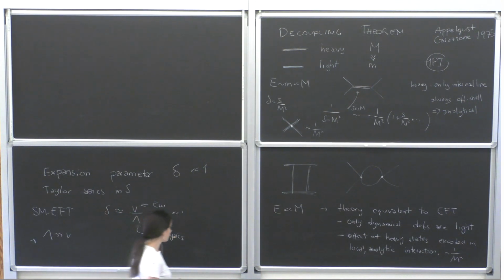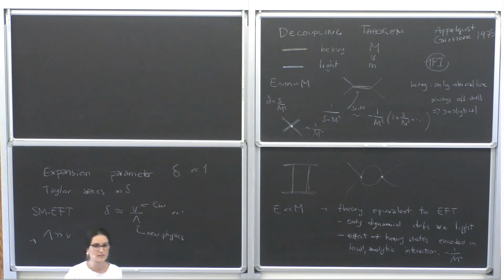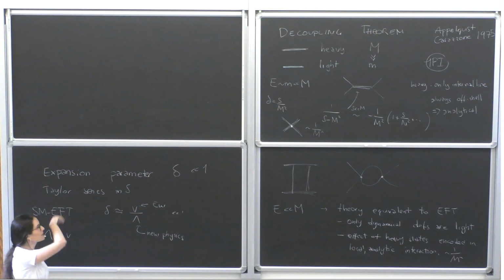So the statement is made in general. In the original theorem, it was made for fermions and mesons, but it's something that really generalizes to any theory. So you have something heavy, something light.